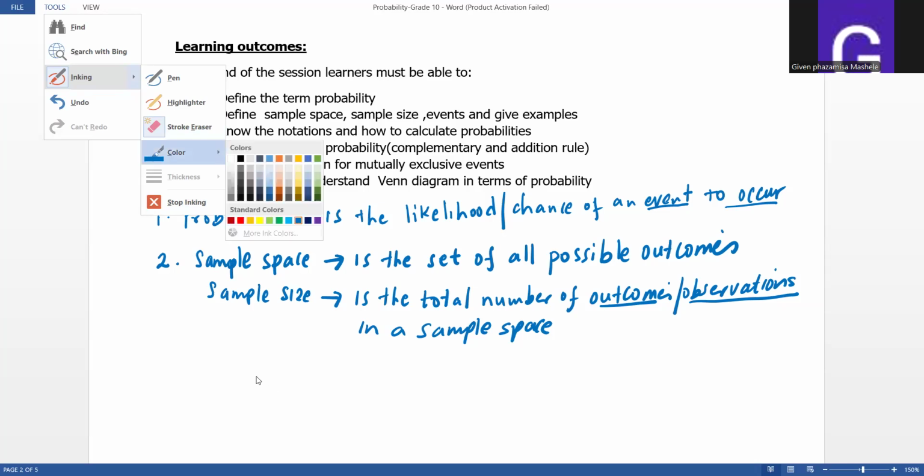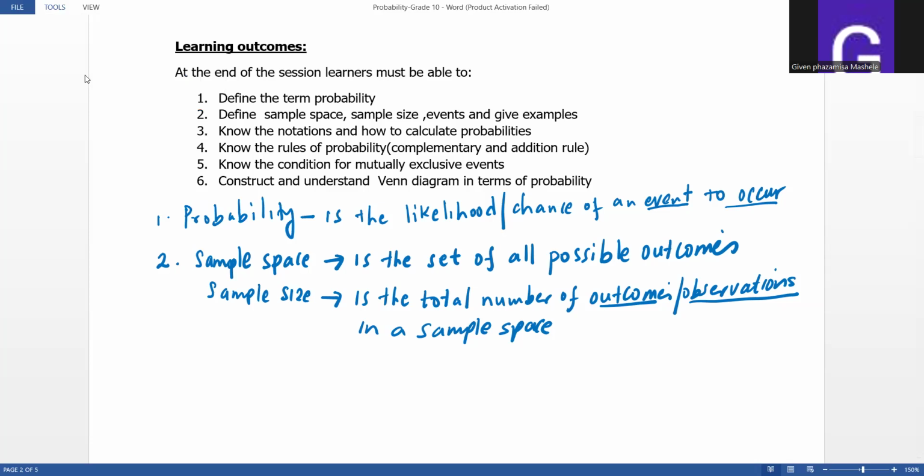Then the last one is the issue of an event. So you need to be able to define what is an event. In terms of event, an event is the subset of a sample space.